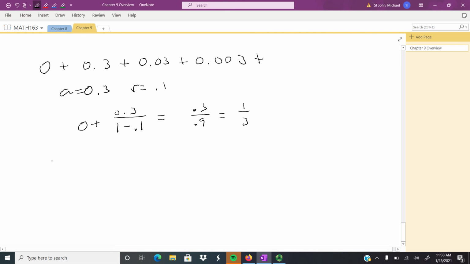And so 0.3 repeating equals the sum from k equals 1 to infinity of 3 times 0.1 to the k, which will be 1/3.